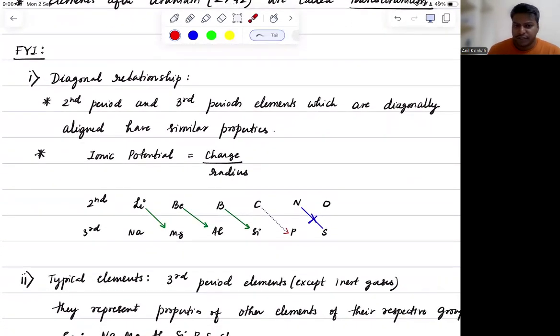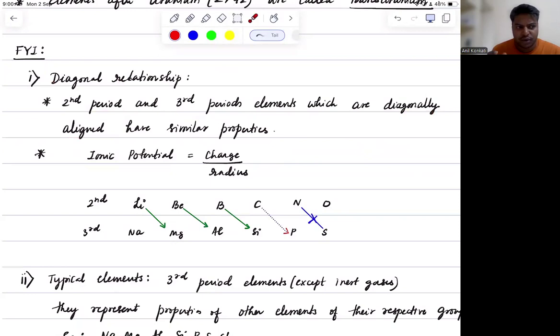Three important definitions you need to know. One, what is a diagonal relationship? The second period element and the third period element which are diagonally aligned in the periodic table will have similar properties. It has to do with ionic potential, that is their charge by radius ratio.